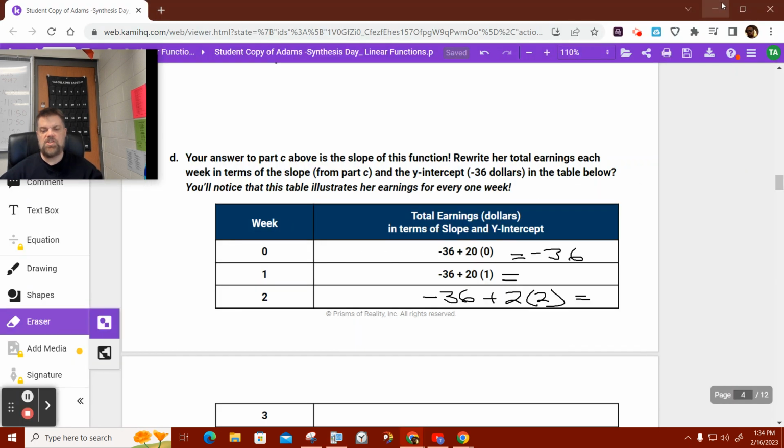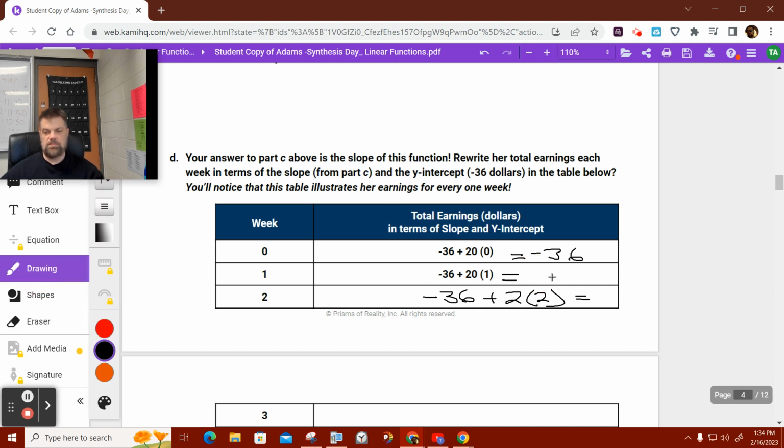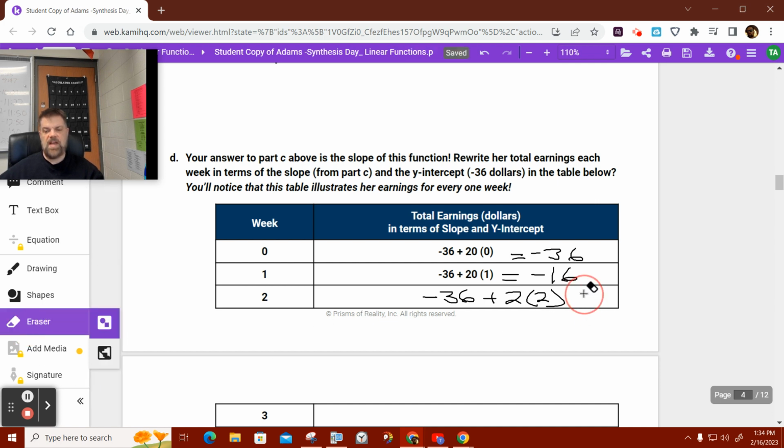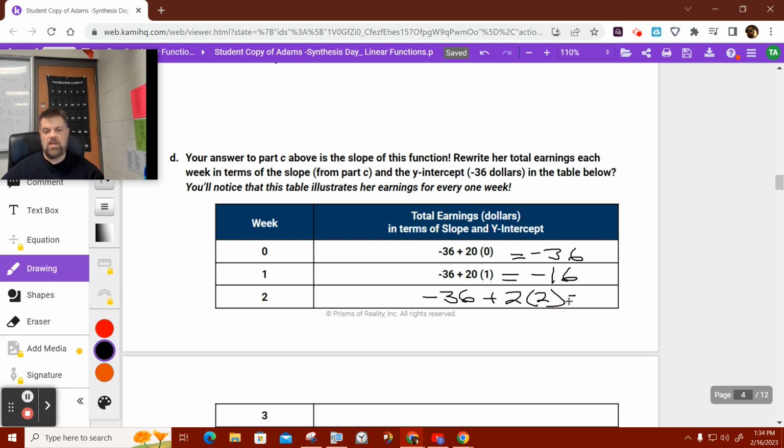So after the first week, she'll make some money, but she'll still be in the hole $16. So she hasn't quite made a profit yet. And then for the next one, I'm going to add 20 to that, and so she'll be in a profit of 4. Let me double check that.